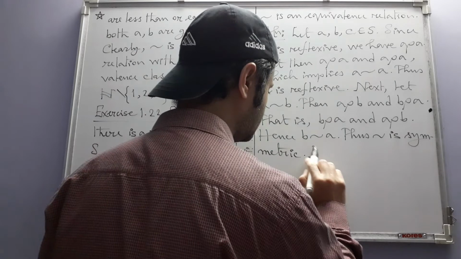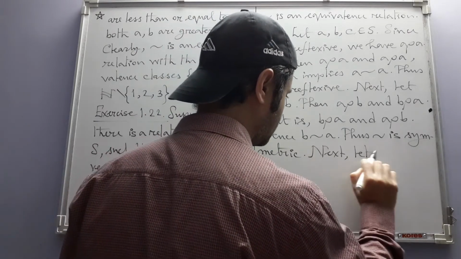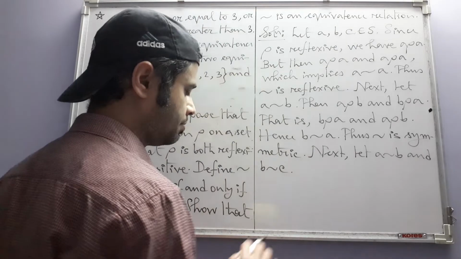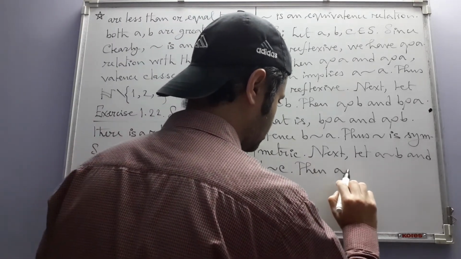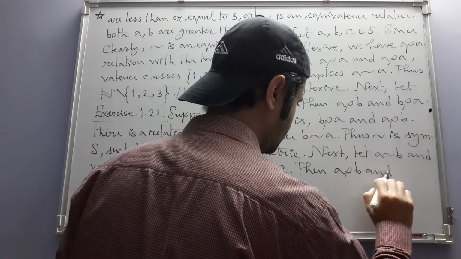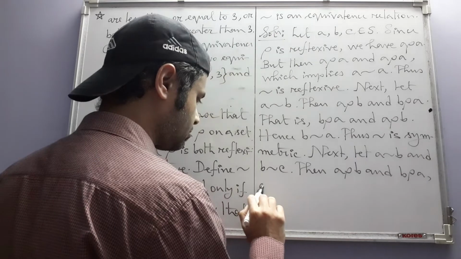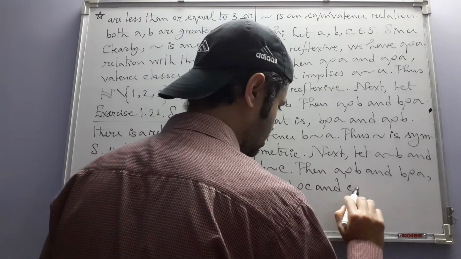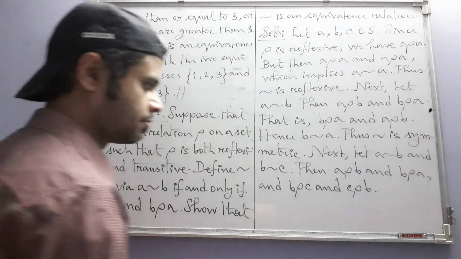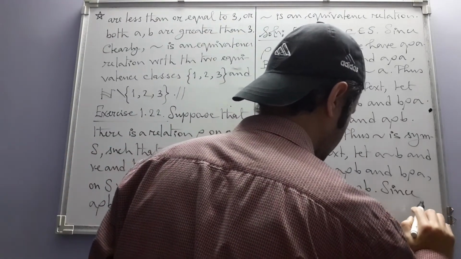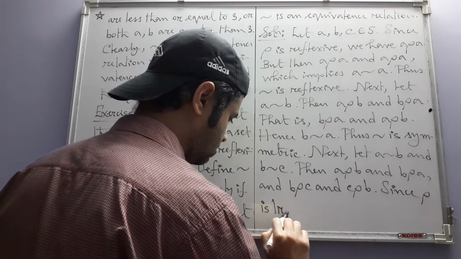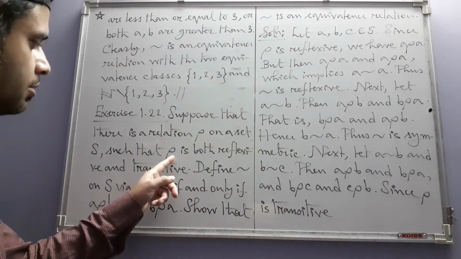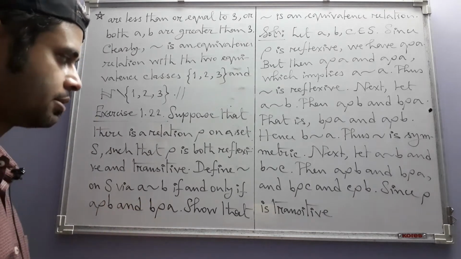Finally, let A be related to B and B be related to C. Then A rho B and B rho A and B rho C and C rho B. Since rho is transitive, the relation with which we started, that is given to be reflexive and transitive.